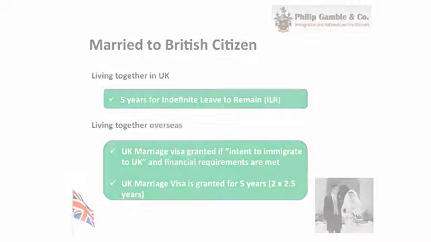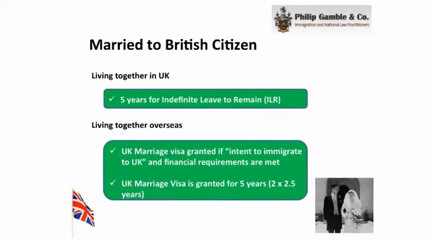Now, so we've talked about those that are married to British men before 1949, those that are married in the 1949 to 1983 period. If we bring things up to the modern day, the UK still allows the spouses of UK nationals to come into the UK, but rather than giving a direct status by operation of law, now those married to British citizens have to apply for visas to come to the UK and to settle over here.